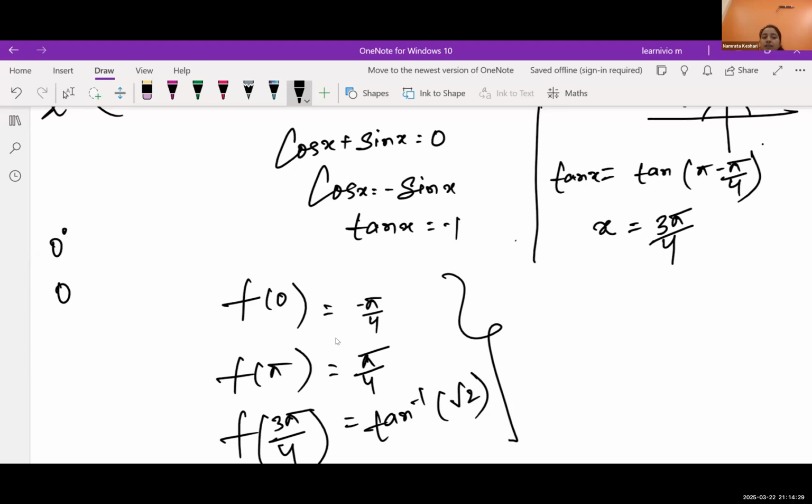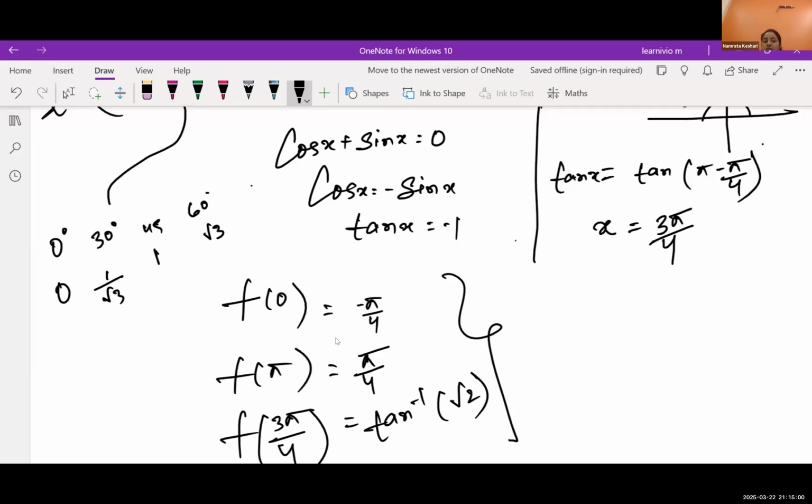Then tan 30 degrees, what is the value for tan 30? 1 by root 3. Then tan 45 is just 1. Then tan 60 is just root 3. So can you see the value is also increasing, and the graph is also known to you. It is just going up till infinity, right? Yes, ma'am.